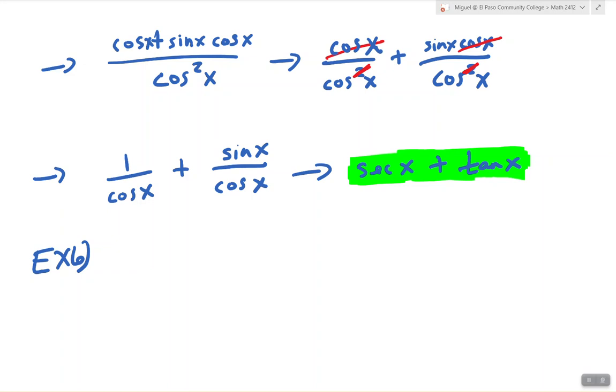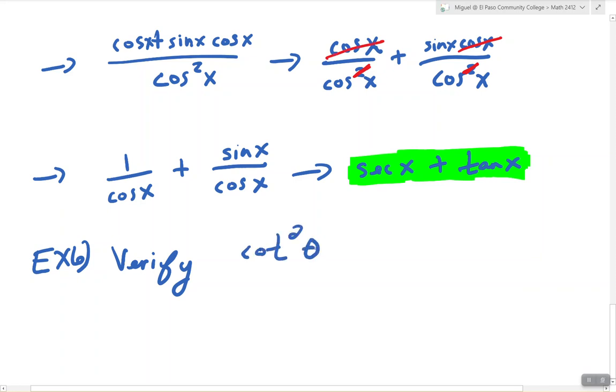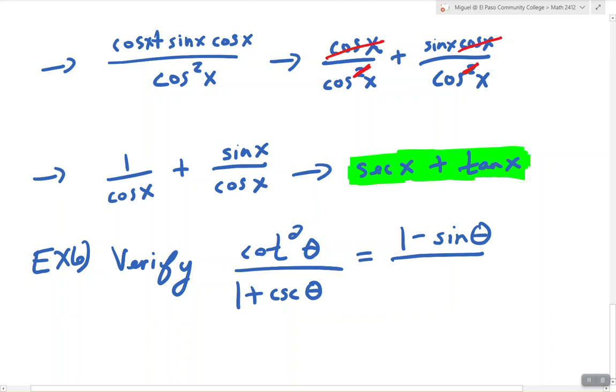You can also do this, verify. We have cotangent squared over 1 plus cosecant of theta, 1 minus sine over sine.